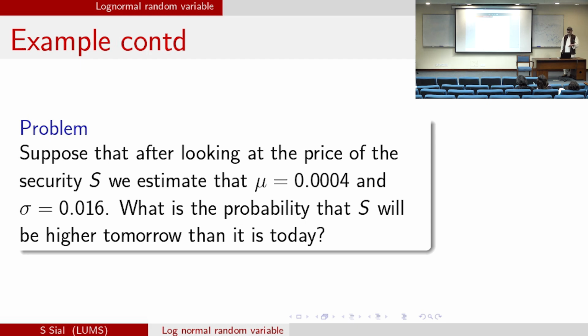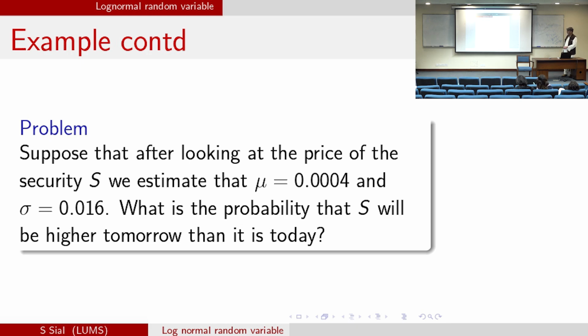We wouldn't be able to just have a theoretical reason for this mu and sigma. Yeah, this mu and sigma are the expectation and the standard deviation for the logarithm of x. Exactly.